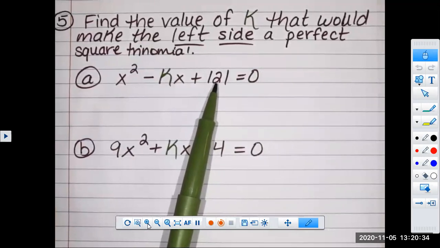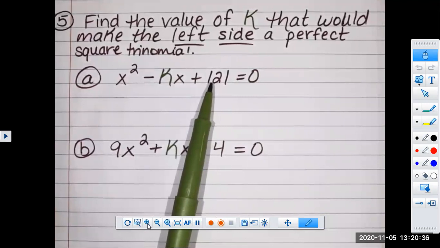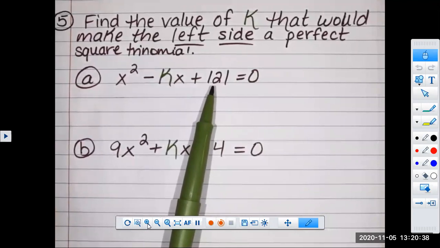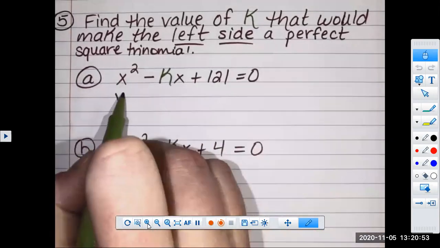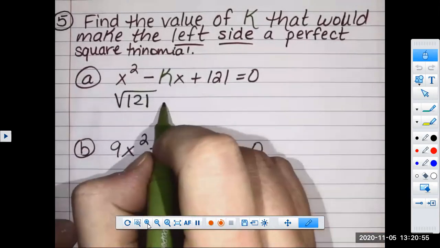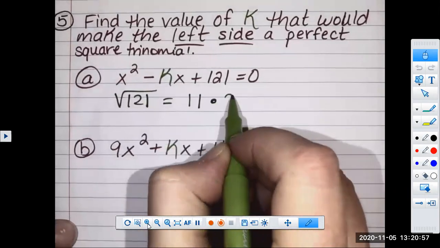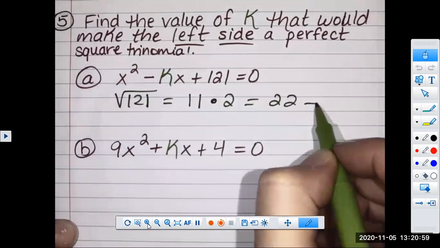And I took half of some number to get 11. So when you work backwards, remember we divided by 2 then squared. So we're going to square root and then do what? Multiply by 2. So you're undoing everything that you just did. The square root of 121 equals 11, and then you multiply that by 2. So K is 22.